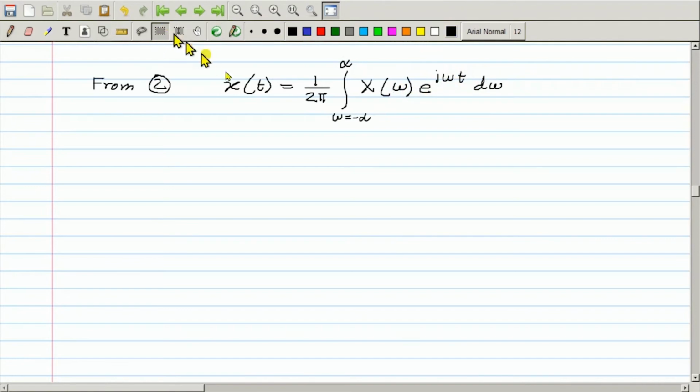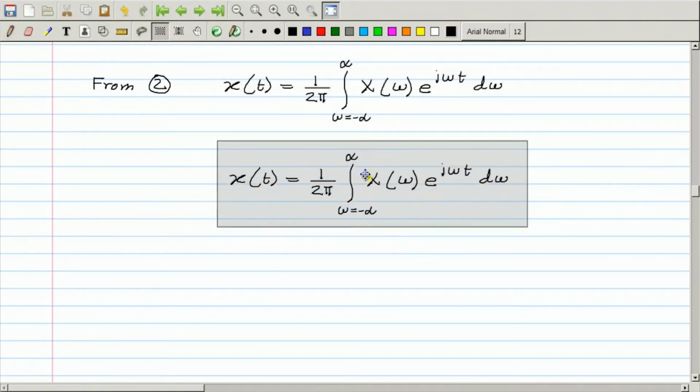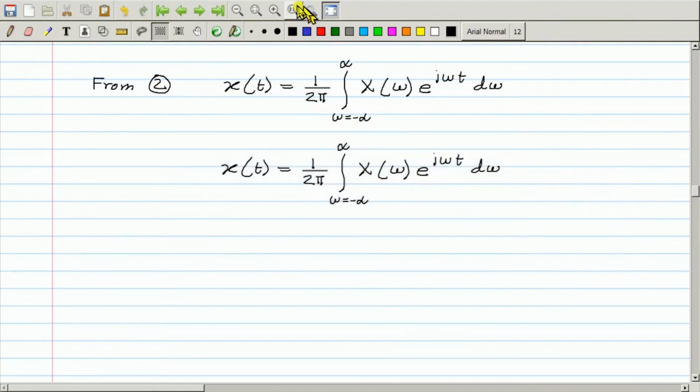For that, let me copy this equation and let me replace this variable t, both in left and right side, with a new variable. Call it p. Then let me copy this equation again.